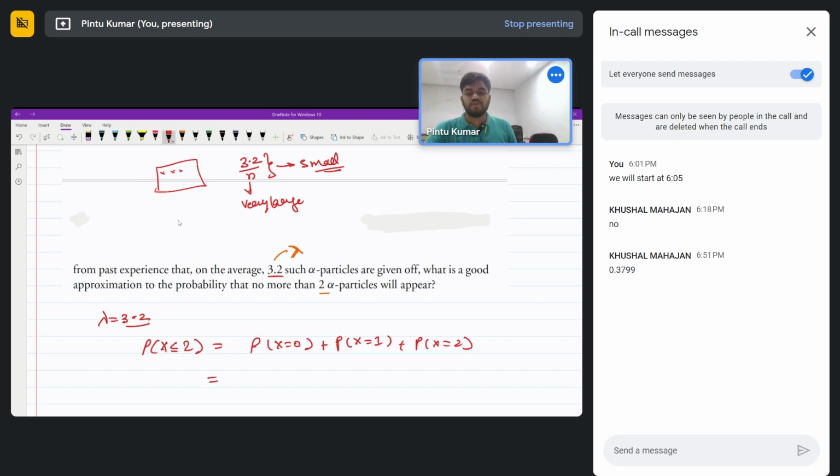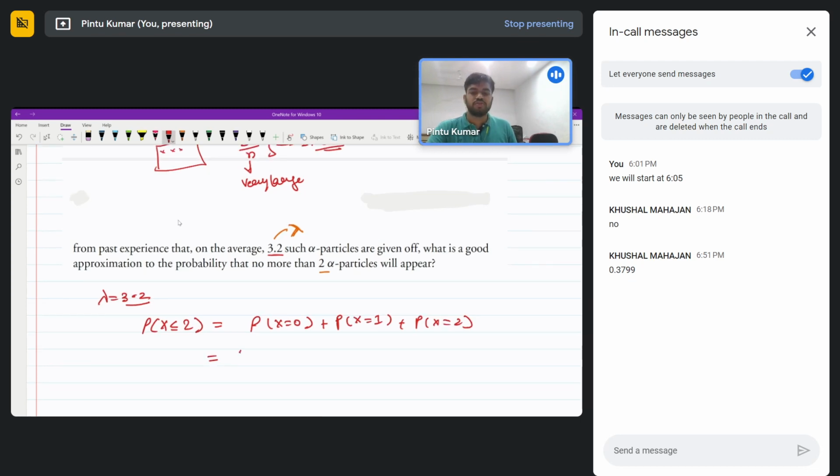So lambda to the power 0 is 1, into e to the power minus 3.2, divided by 0 factorial, that is 1. Then 3.2 into e to the power minus 3.2, again divided by 1.